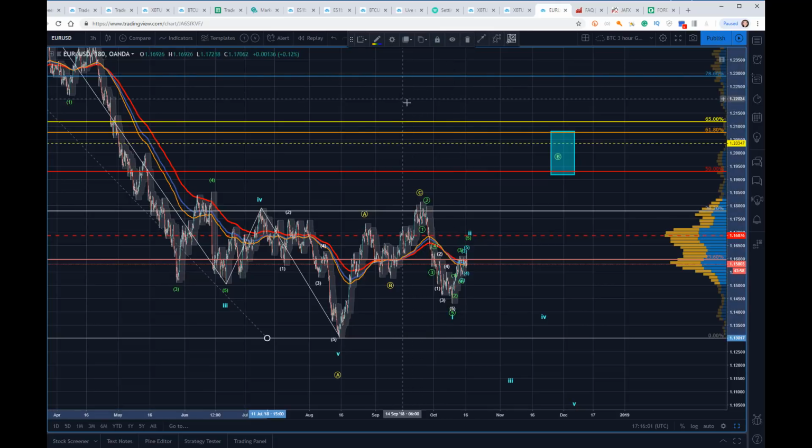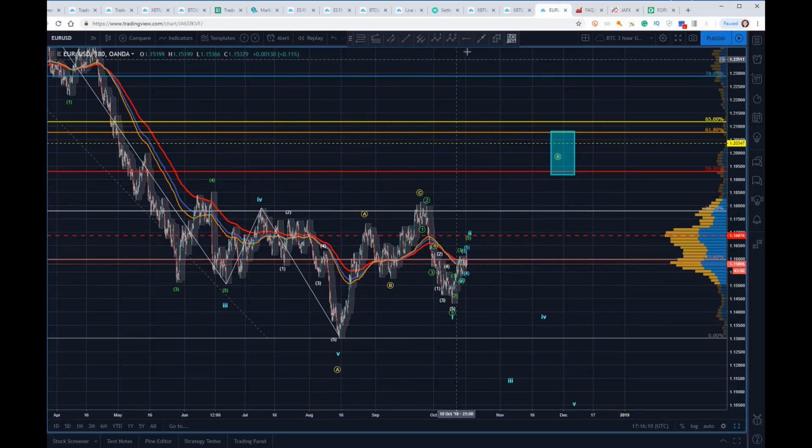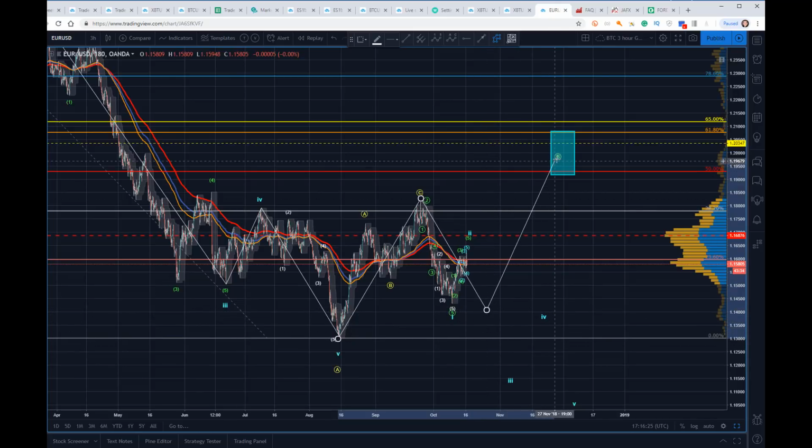So if this is just the A wave coming down here and we've done a 3 wave here, there is the possibility that we're doing something along these lines, so that this would be our A. Perhaps there's a B going in. I'm reluctant to put this down here because when we go through this count, you'll see why I think we have lower prices still yet to come, but it could be something along these lines.